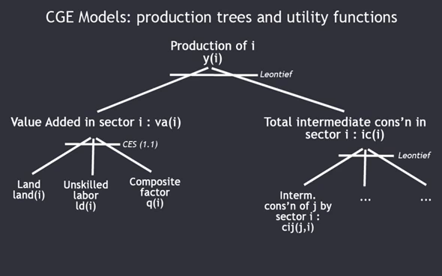Value added in sector I, VA in sector I, is a CES function with an elasticity of 1.1, which is relatively high, of land in sector I, denoted land in sector I, unskilled labor in sector I, denoted LD in sector I, and a composite factor, denoted Q in sector I. And this composite factor, Q in sector I, is a CES function with an elasticity of 0.6, which is relatively low, of skilled labor in sector I, called SKLD in sector I, and capital in sector I, denoted KD in sector I. So the idea is that the elasticity of substitution between skilled labor and capital is relatively low, so they are rather complementary than substitutable.